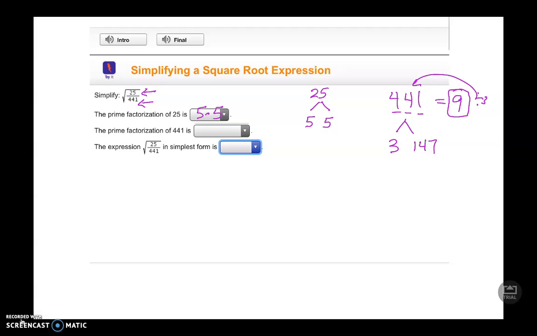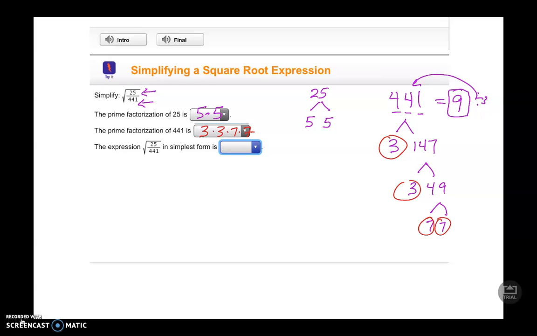And 147 divided by 3 is 49. Now 49 is 7 times 7.